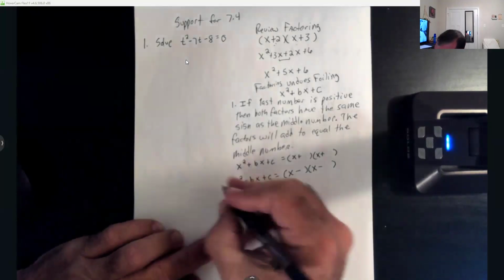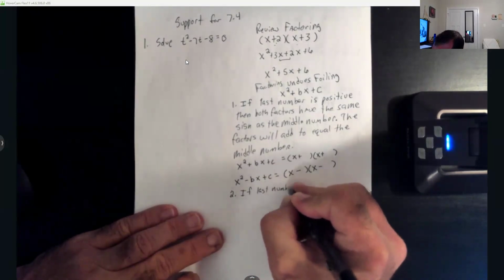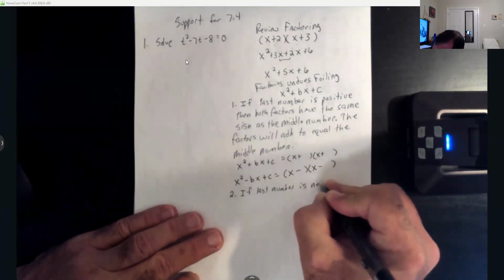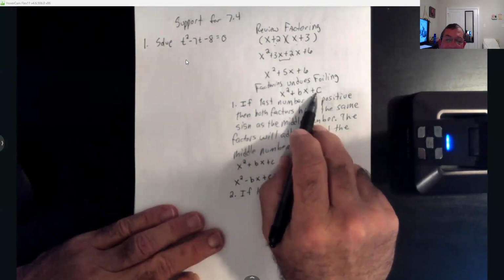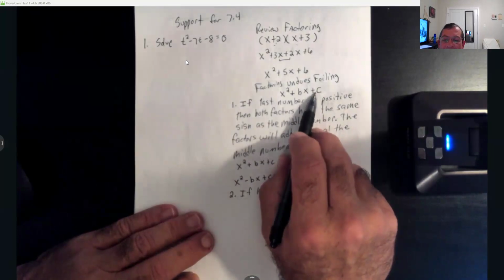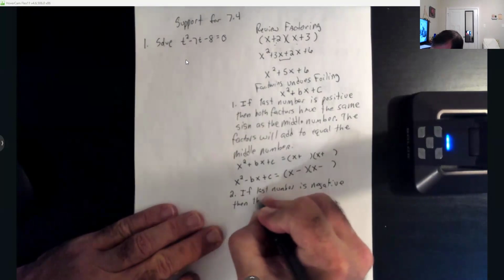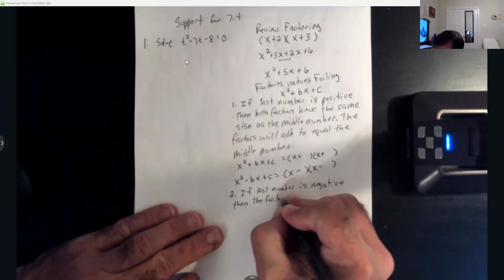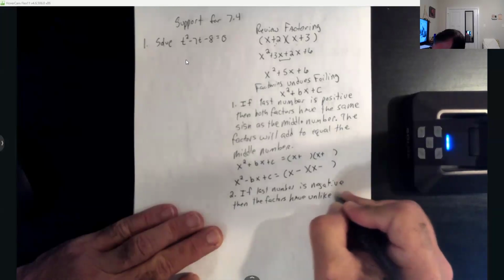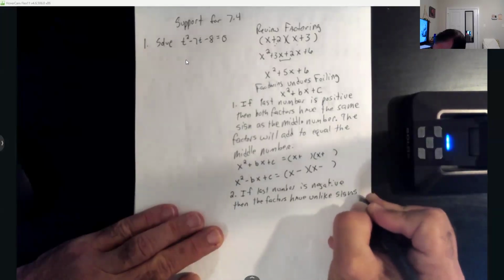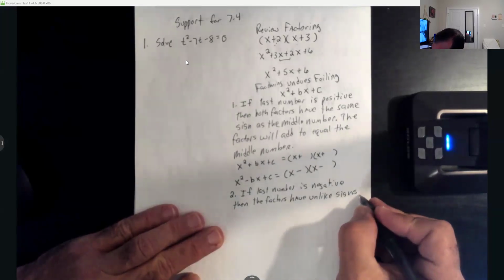Now the second case, if the last number is negative. So we're subtracting C now instead of adding it. If this last number is negative, then the factors have unlike signs. So one will be positive, one will be negative.